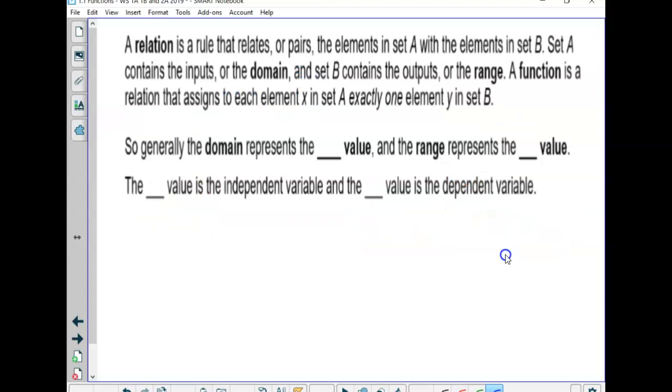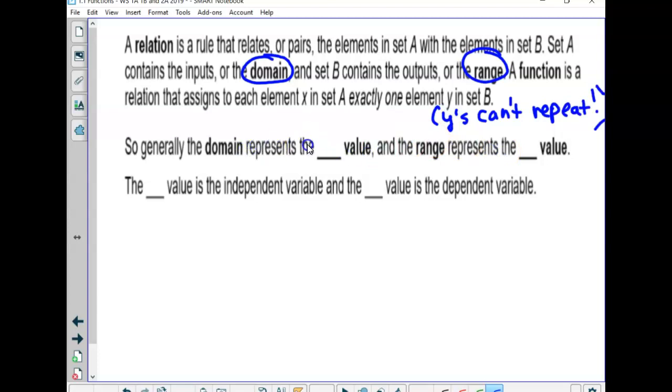A relation is any rule that relates or pairs the elements in set A with the elements in set B. A is called the inputs, which we call the domain, which we usually use X for, right? B contains the outputs or the range, which we use Y for. A function is a relation that assigns each element in X to exactly one element in Y. So the Y's can't repeat.